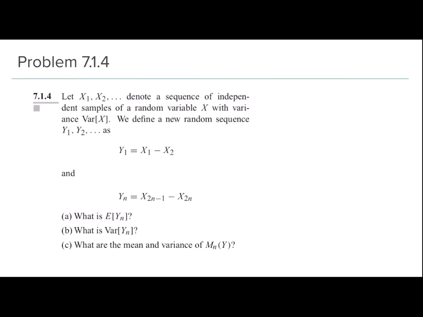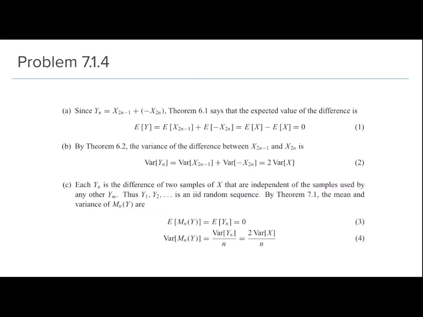So Y2 is equal to X3 minus X4, and Y3 is equal to X5 minus X6, and so forth. And we have to find what is the expected value of Yn, what is the variance of Yn, and what are the mean and variance of Mn of Y, or the sample mean of Y. So I think the first part is quite easy.